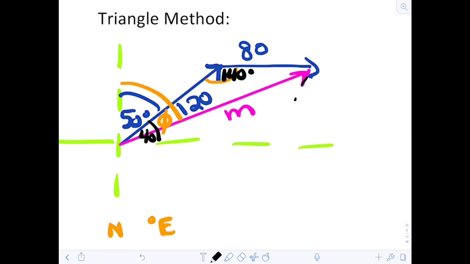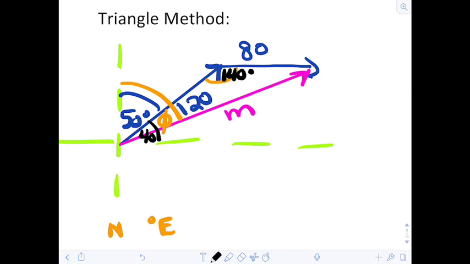I know we're not doing the parallelogram method, but using some geometry knowledge, thinking about it as a parallelogram, consecutive angles are supplementary, so it would have to be 140.